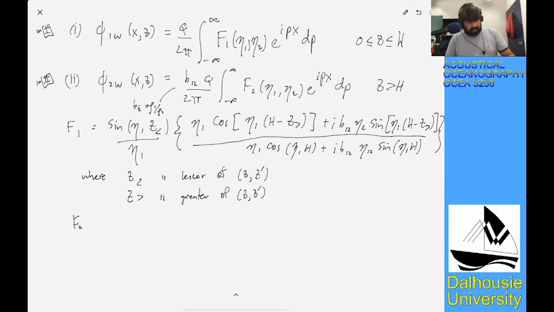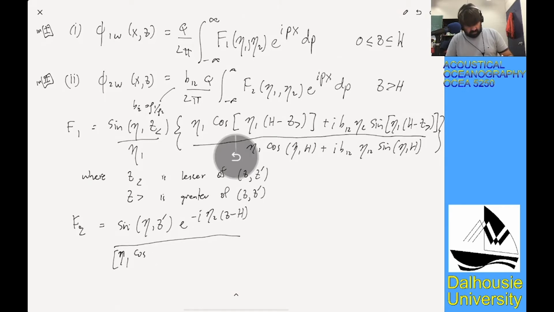And in the bottom, we have slightly simpler sine eta 1 z prime e to the minus i eta 2 (z minus h), and it's all over the same denominator: eta 1 cos eta 1 h plus i, the ratio of densities, eta 2 sine eta 1 h.